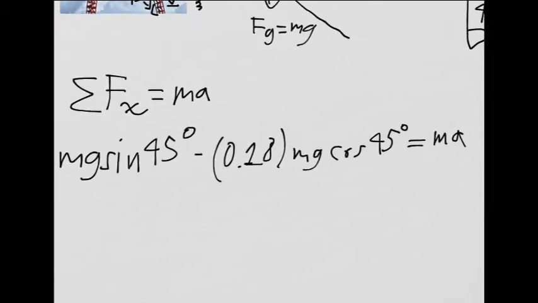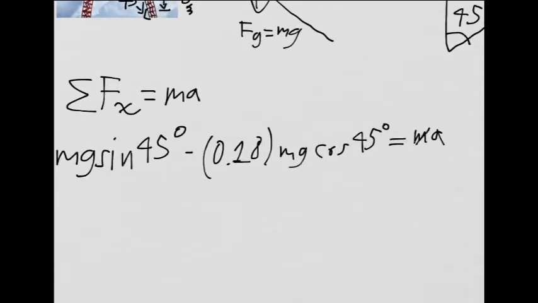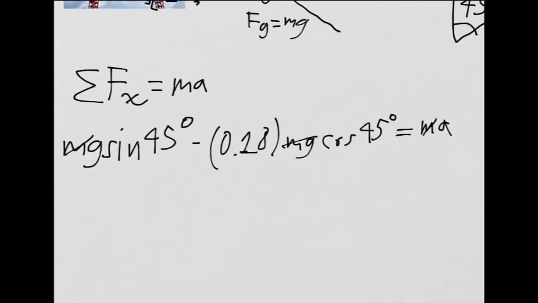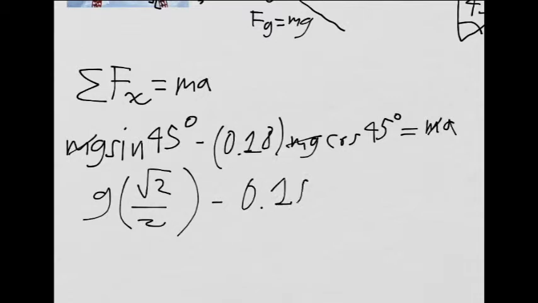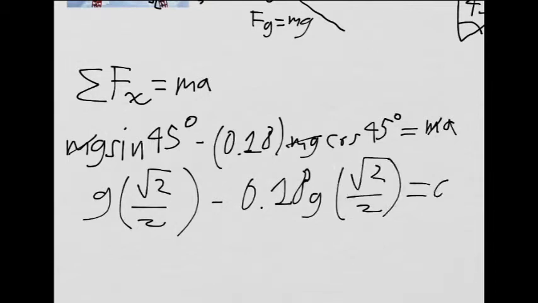Since the m's don't really matter, let's just cut those out now. They're not important to the acceleration. So that's g times the square root of 2 over 2 minus 0.18 g times the square root of 2 over 2 equals the acceleration.